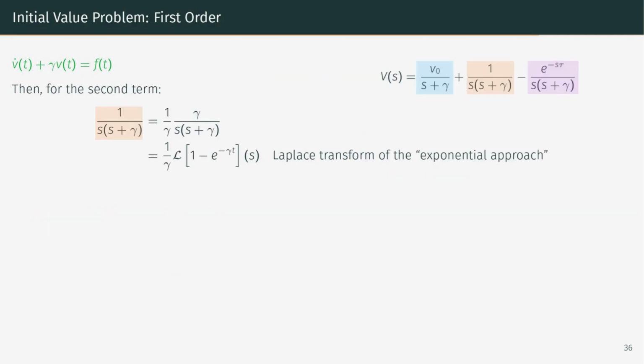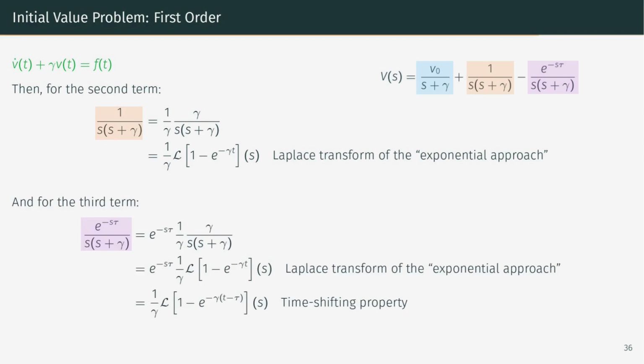For the second term in orange, we can see that 1 over s times (s plus gamma) equals 1 over gamma times gamma over s times (s plus gamma). This then equals 1 over gamma times the Laplace transform of 1 minus e^(-gamma t). This is a Laplace transform of the exponential approach, which you can see on slide 21.